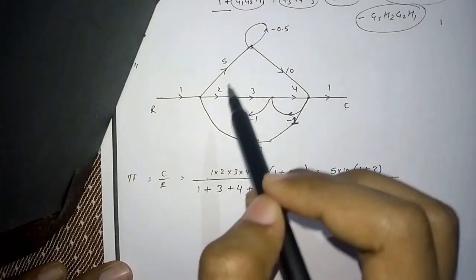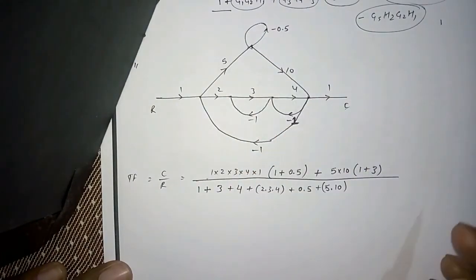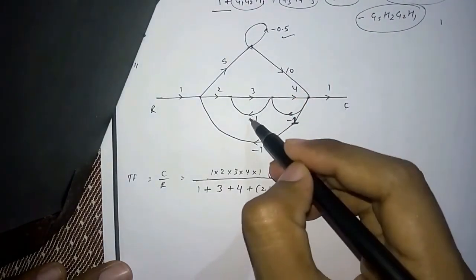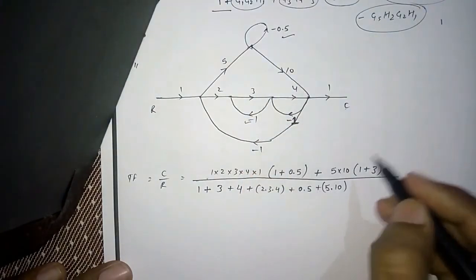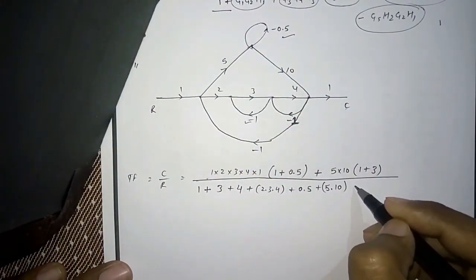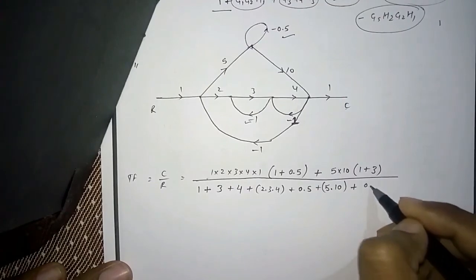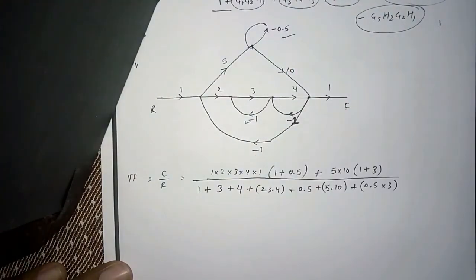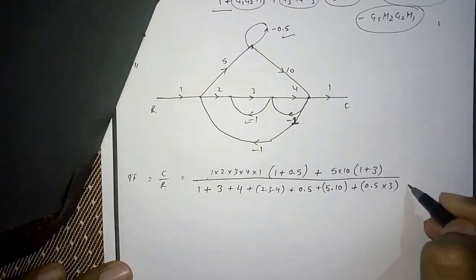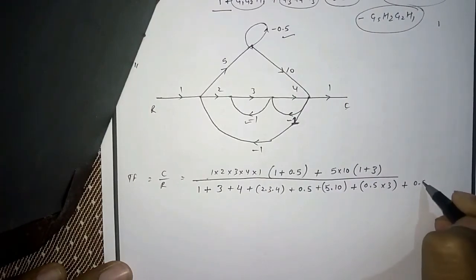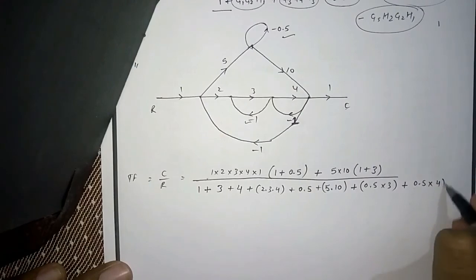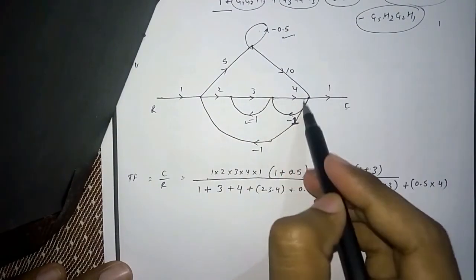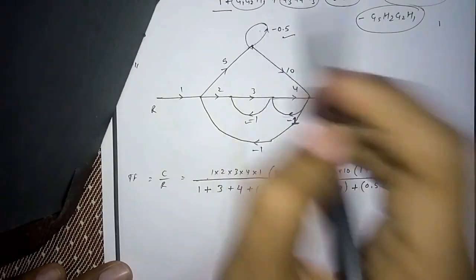Okay, and now we have non-touching loops. So we have two non-touching loops, so we can here ignore two negative signs. Okay, taking these both, we can ignore two negative signs. So plus 0.5 into 3. Now plus 0.5 into 4. These two loops are also non-touching.